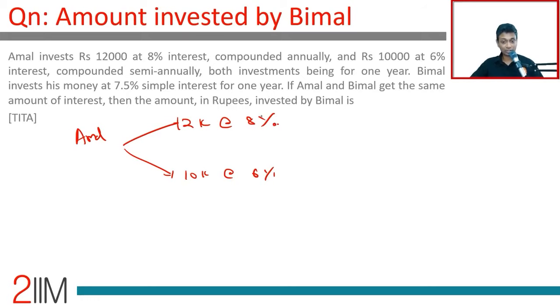This is for 1 year. It's compounded annually, and the interest is going to be 12k into 1 plus 8 by 100 minus 12k.